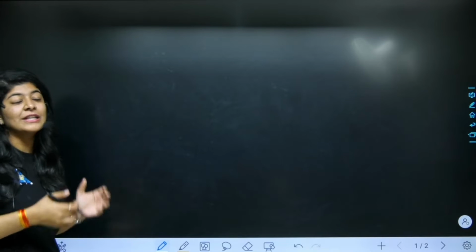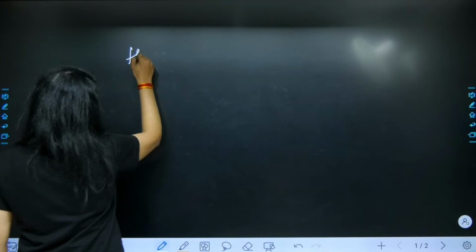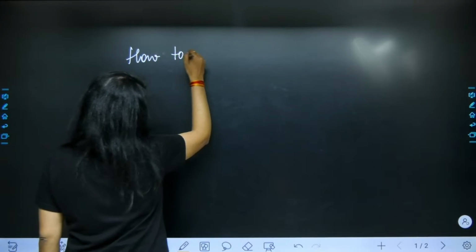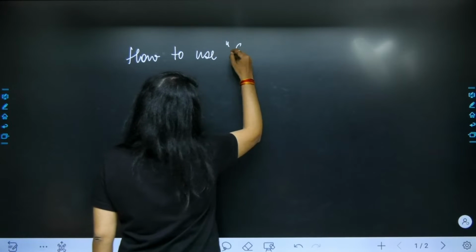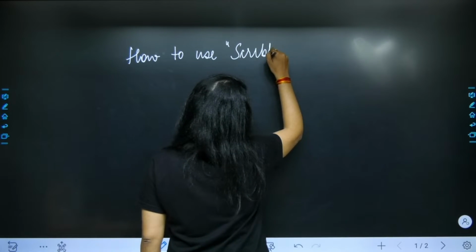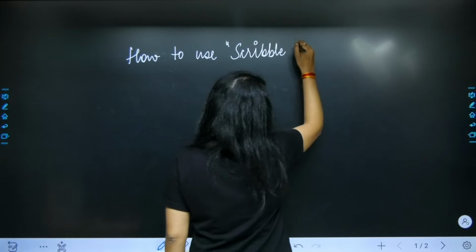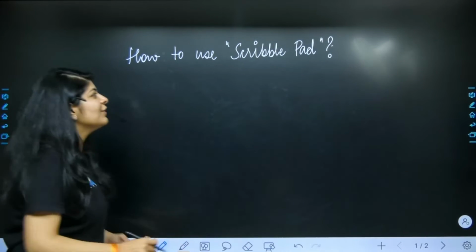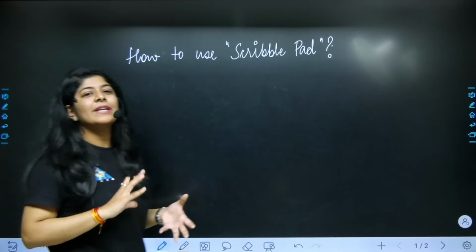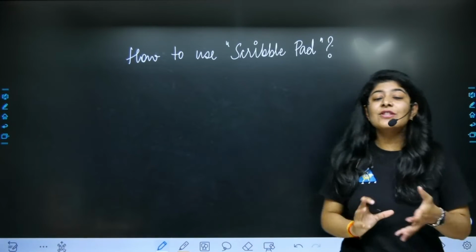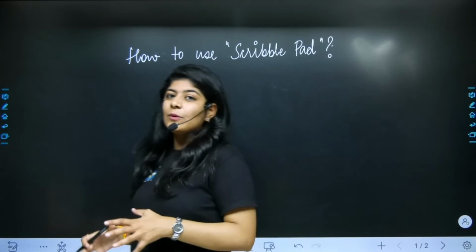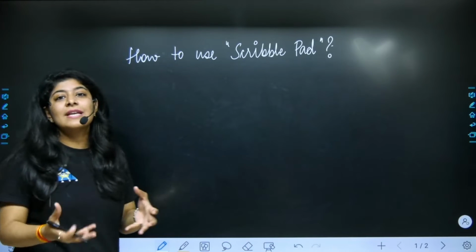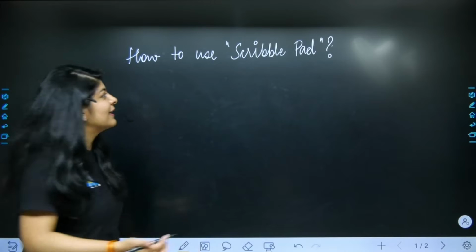In this session, we are going to discuss how to use the scribble pad, or your rough sheet, efficiently. If we talk about the scribble pad, we can start with its size, which is nearly equal to 8 by 6 inches, as given to you in your GATE examination.